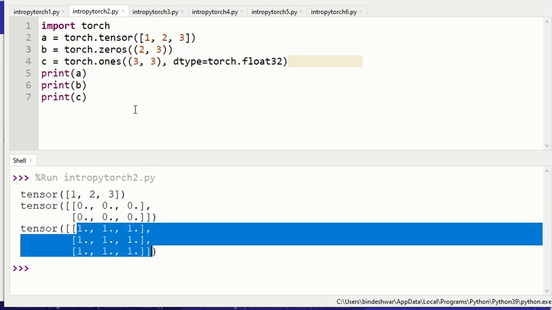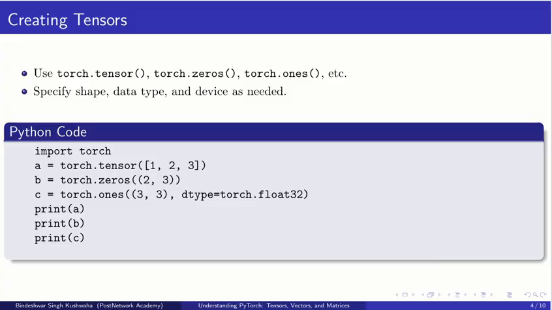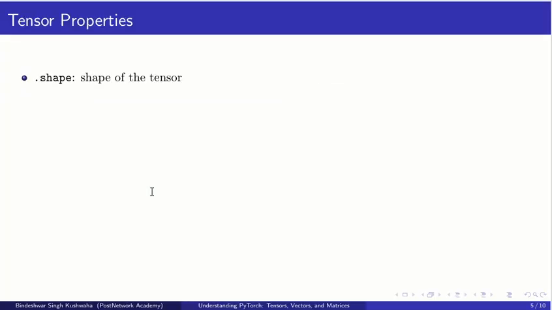Let us see the other programs. Next, we can also find the tensor properties. Here we can use shape to know the shape, that is, whether it is 2 cross 3 or 4 cross 5, meaning 2 rows and 3 columns, or 4 rows and 5 columns.